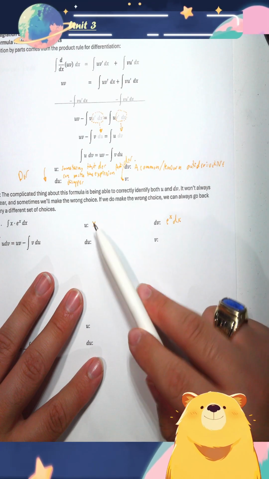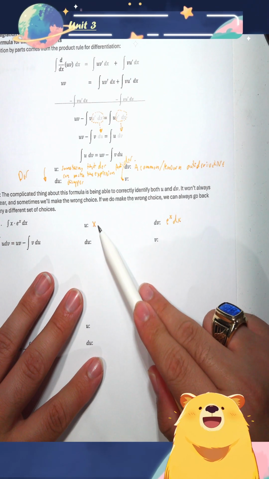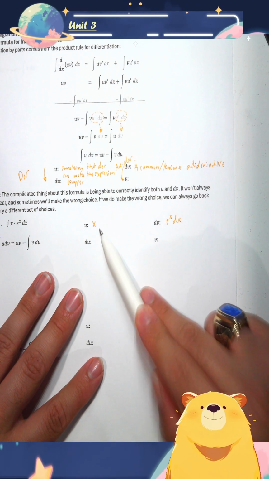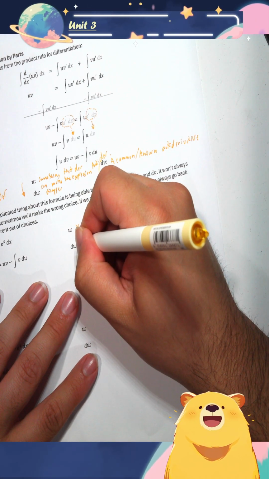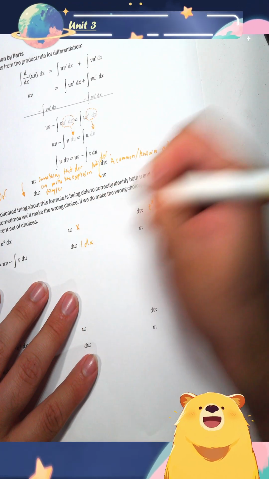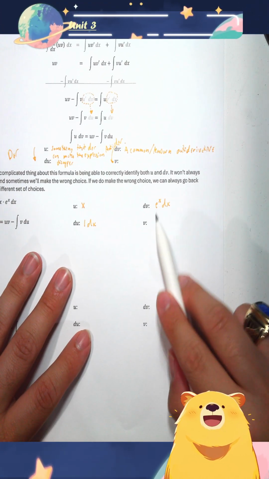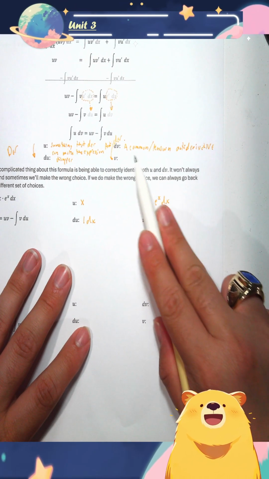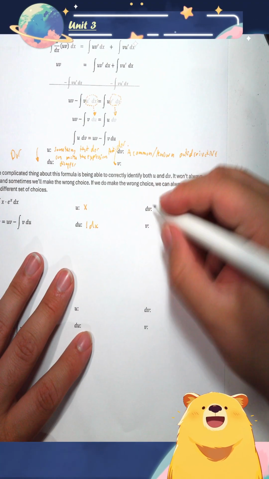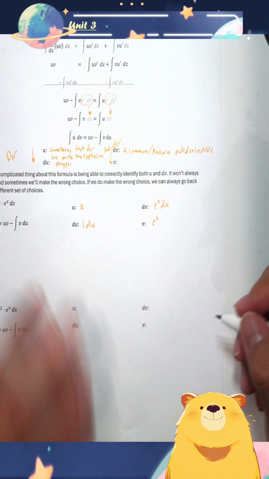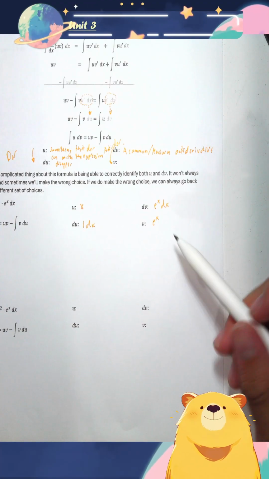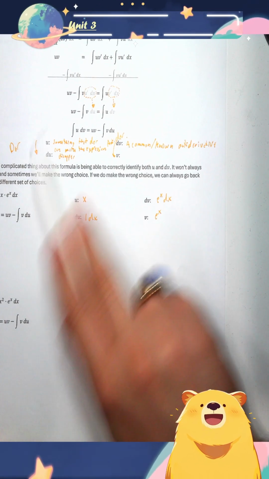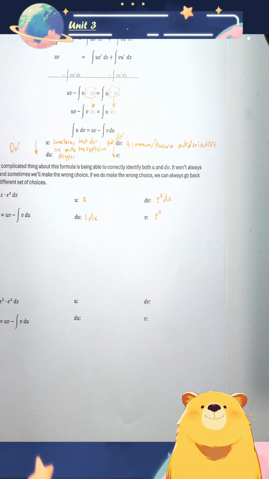Now, if I take the derivative of u, I get just 1 dx. And if I take the antiderivative, or the integration, of e to the x, we know that's a very known antiderivative. It's just e to the x. Now we're going to go ahead and plug and play this formula.